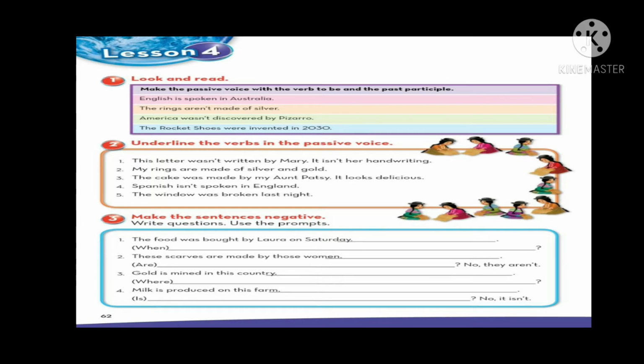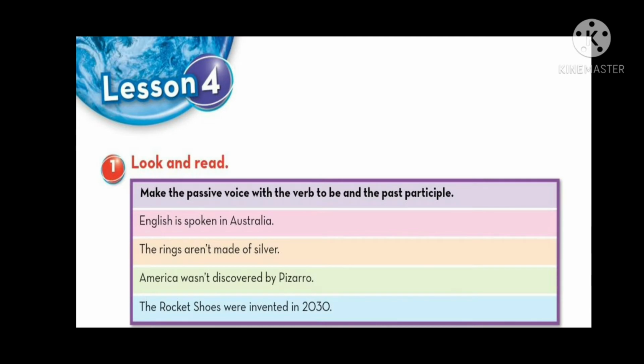We will start with exercise number 1, which is a revision for the passive voice. Okay, look and read. Make the passive voice with the verb to be and the past participle. So we use the verb to be, is, are, was, were, and the past participle, which is spoken, made, discovered, invented.